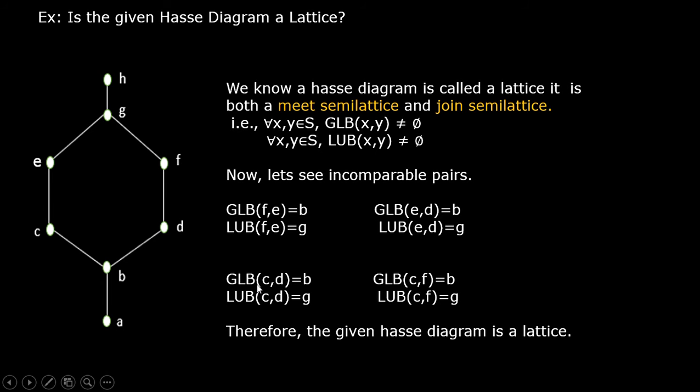If I see the incomparable pair C and D, the greatest lower bound of C and D again here is B and the least upper bound of C and D again here is G. Then for the incomparable pair C and F, the greatest lower bound of C and F again here is B and the least upper bound of C and F again here is G. So I can see that all the incomparable pairs have a greatest lower bound and a least upper bound, and it's quite obvious that the comparable pairs will have a greatest lower bound and a least upper bound.